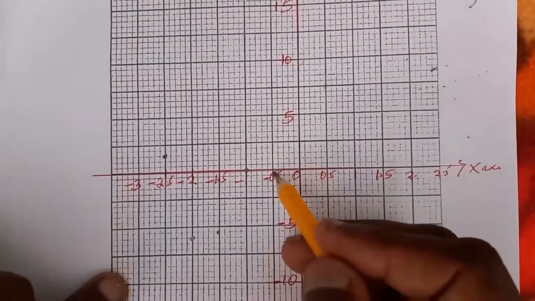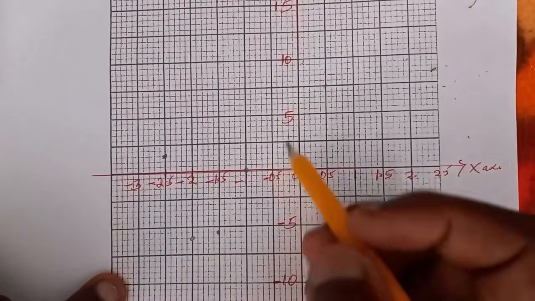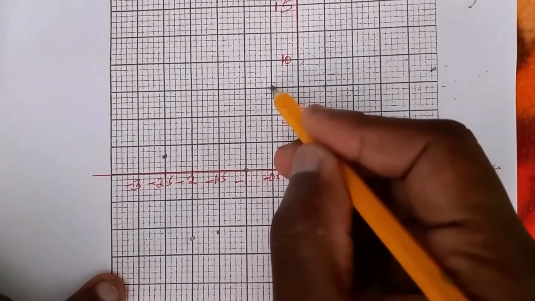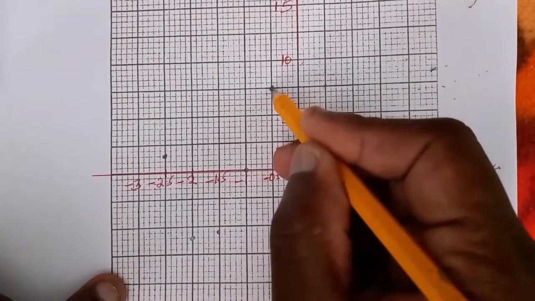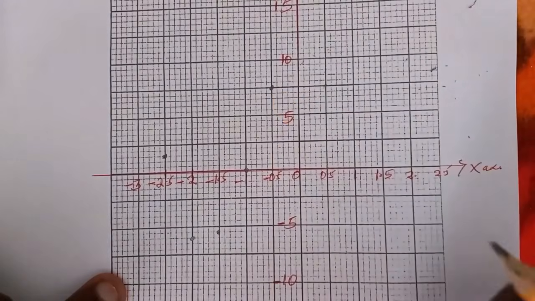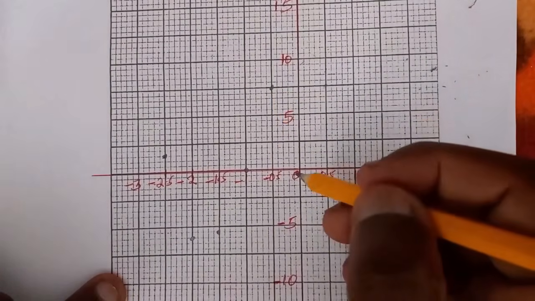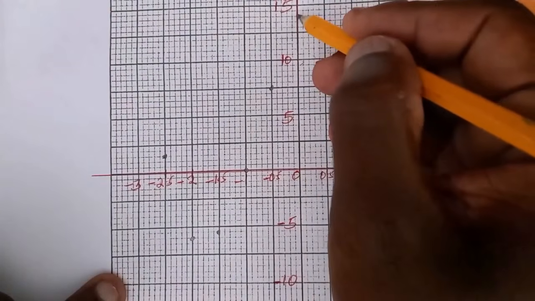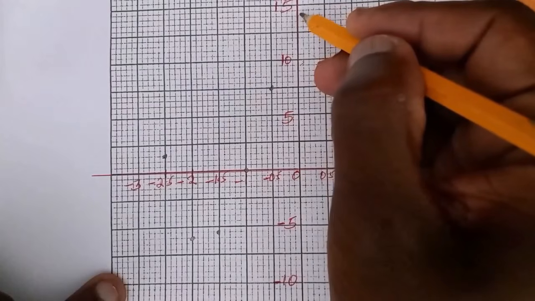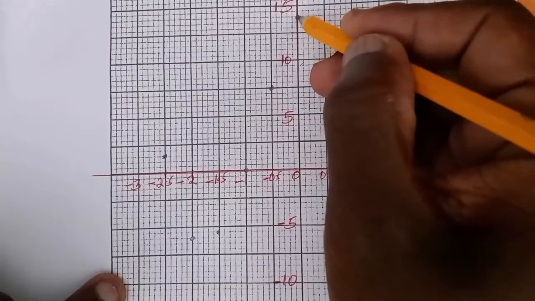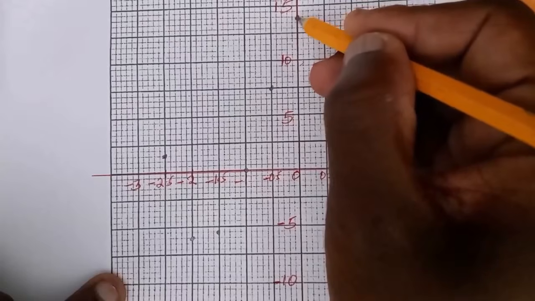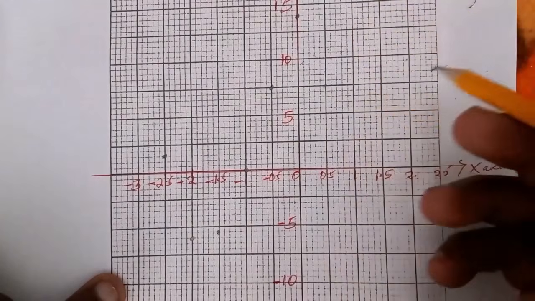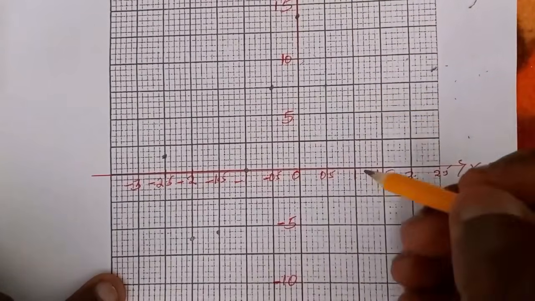So negative 0.5, 7.5. 7.5 is here. Then 0, 14. So 14 is here. Then the other one is 0.5, 16.5.